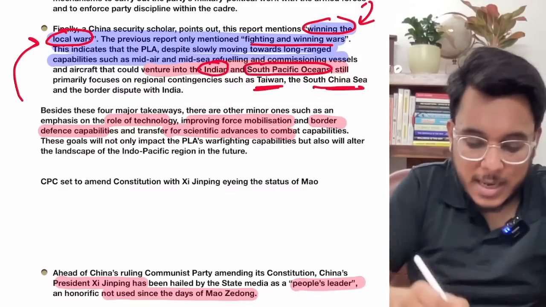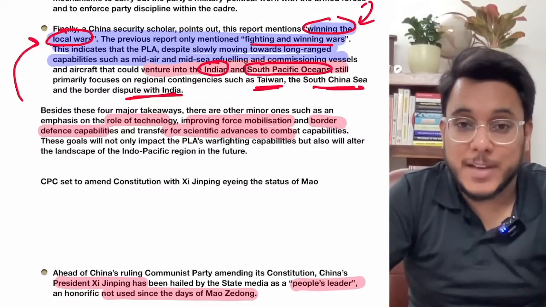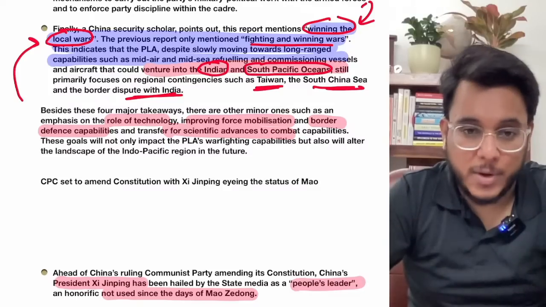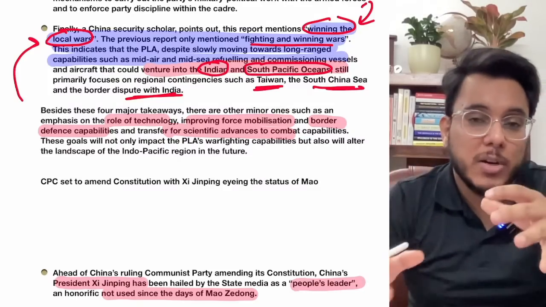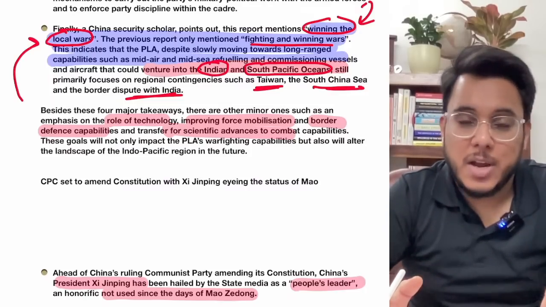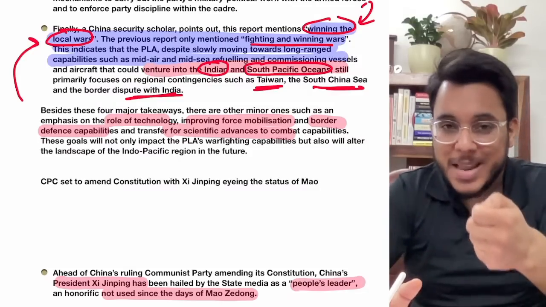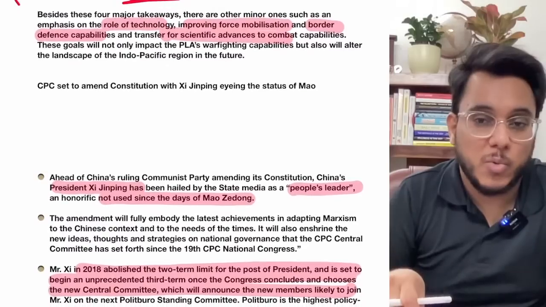Even there is a dispute with India on the line of actual control around the Galwan Valley and patrolling point 15. Recently they withdrew, but this entire line of actual control, even Arunachal Pradesh, has become a place where confrontations are coming. So these local wars are something which China aims to win first.